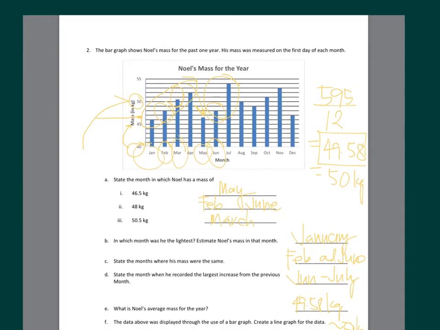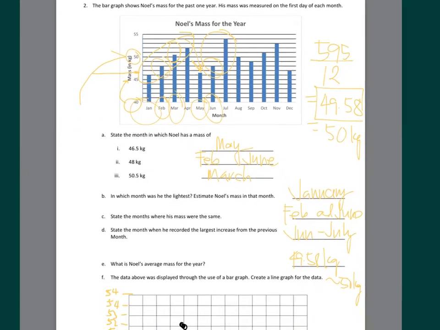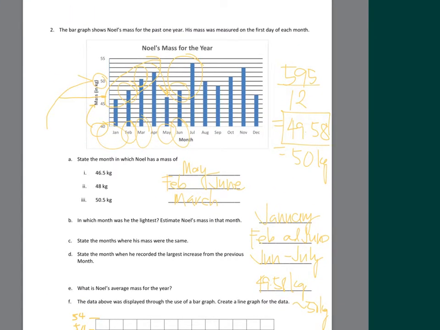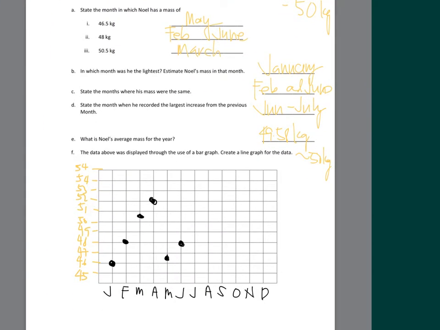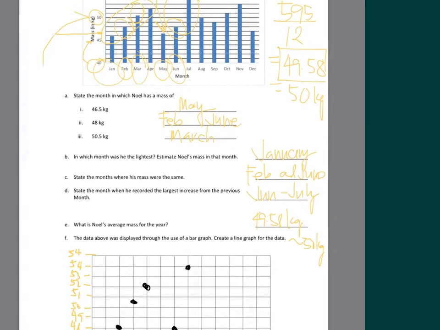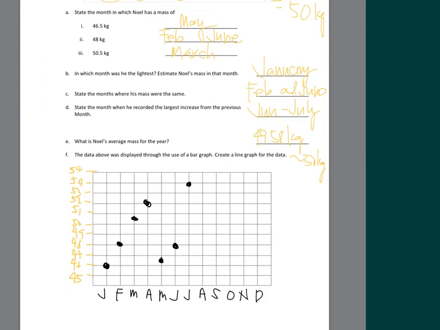June is 48. For July, we have 54. That's a big increase. August is about 50.